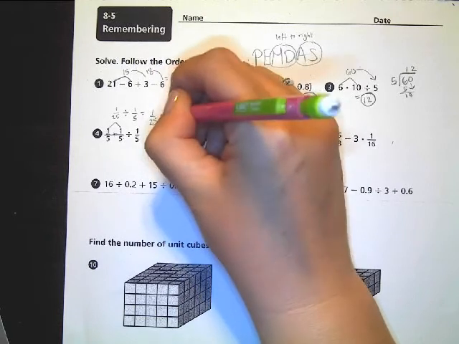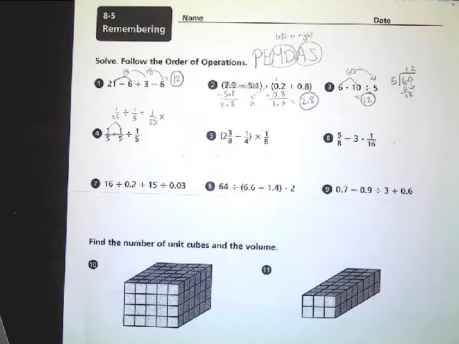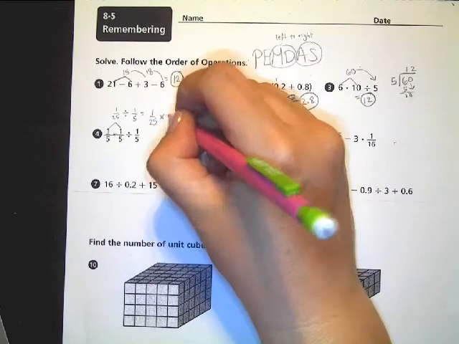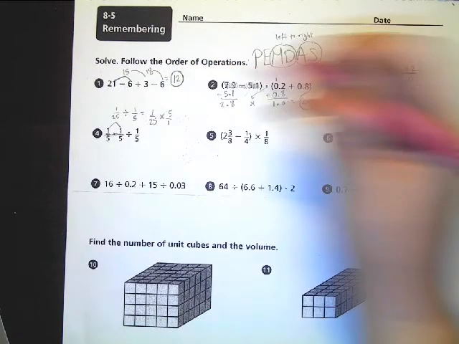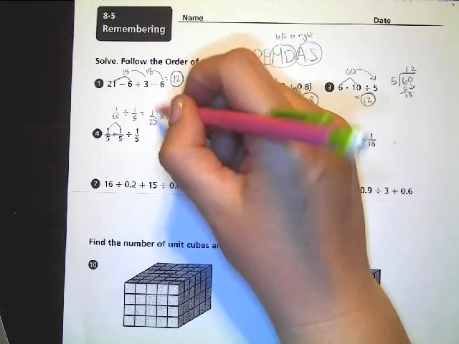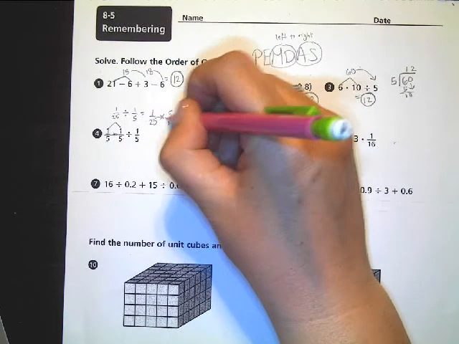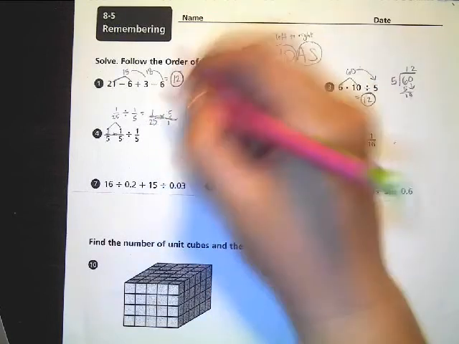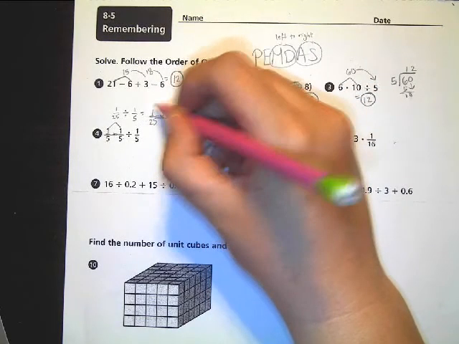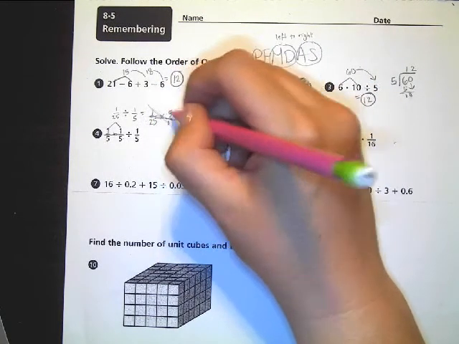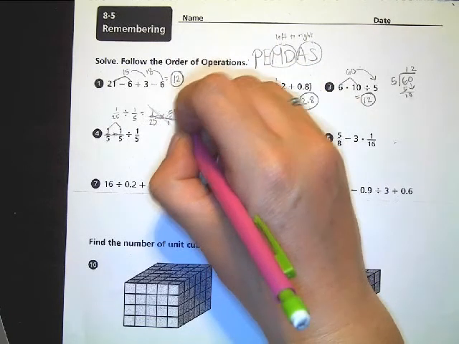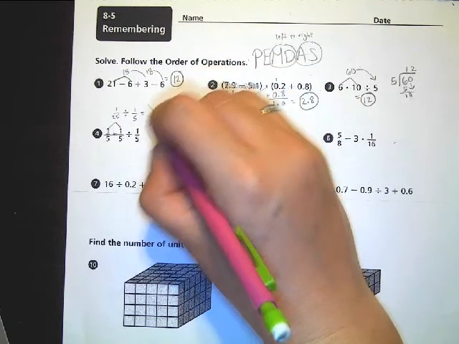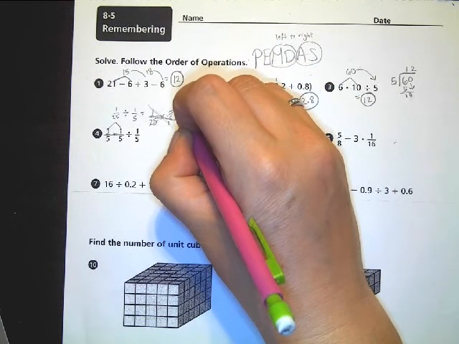Let's see if you remember this. To divide by a fraction, here's a tip. Keep, change, flip. How do you flip 1/5? It becomes 5 over 1. And then I just extend the bar. 1 and 1, they're diagonal.